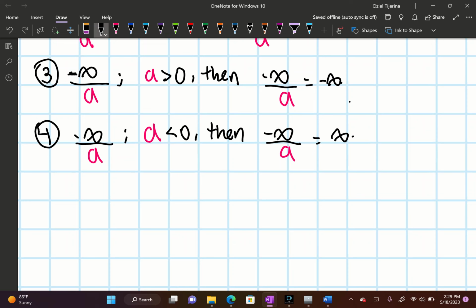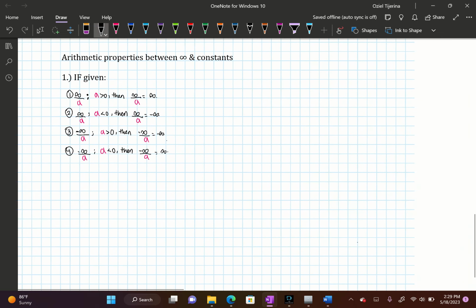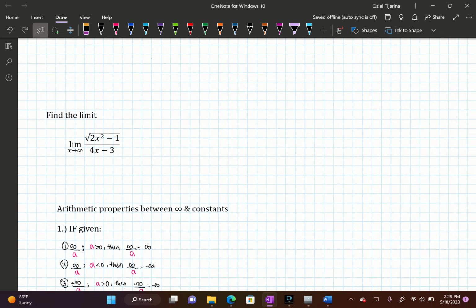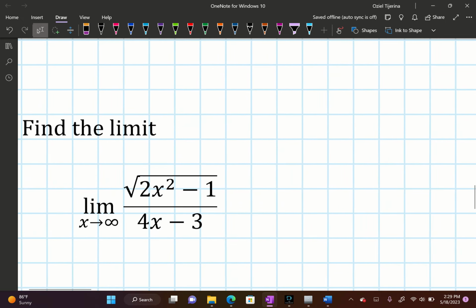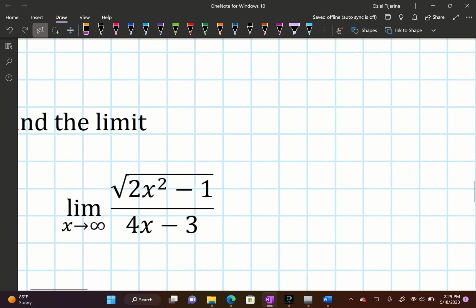So we have to be careful with how we do this one, and also we want to always divide by the highest degree of the denominator.